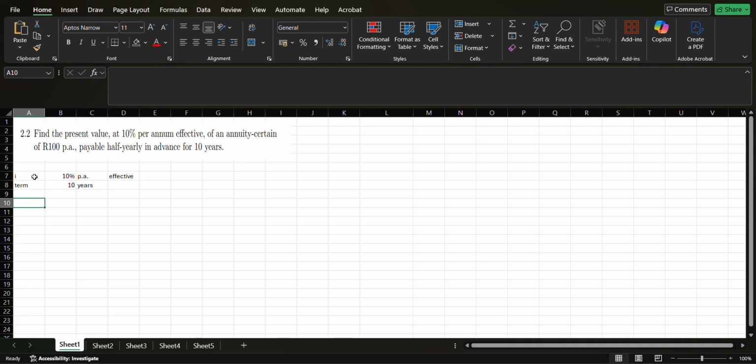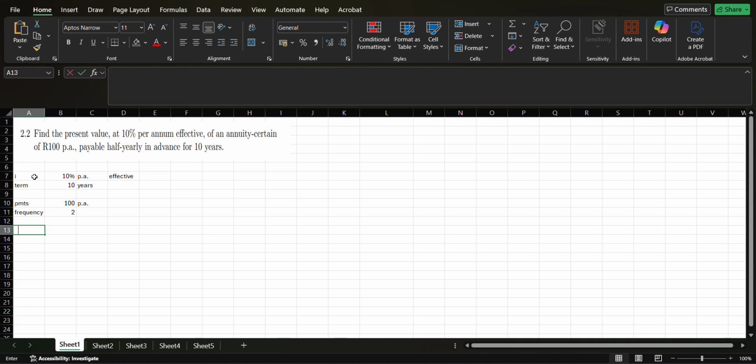The amount you get per annum, so the payment, is 100 Rand per annum. But the frequency of this payment, because it's payable half yearly, is that we pay it 2 times per year. The frequency is 2.